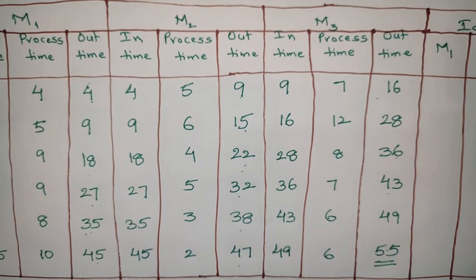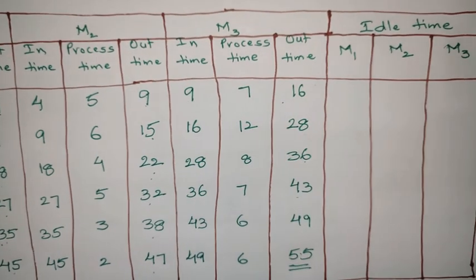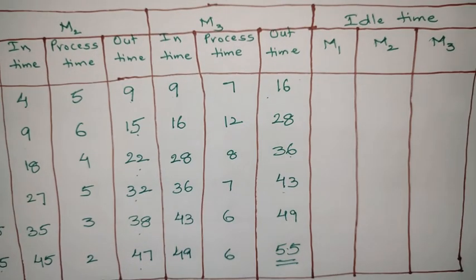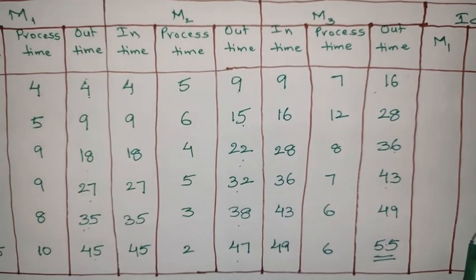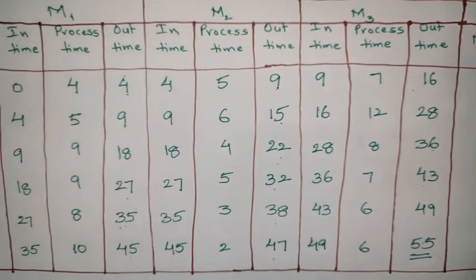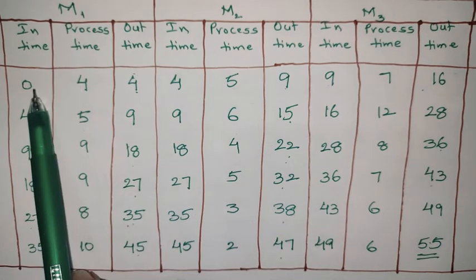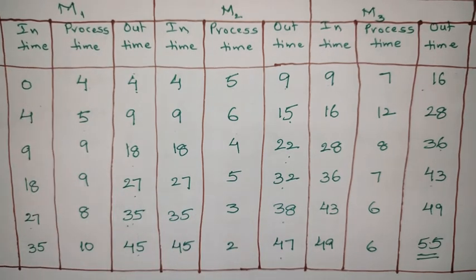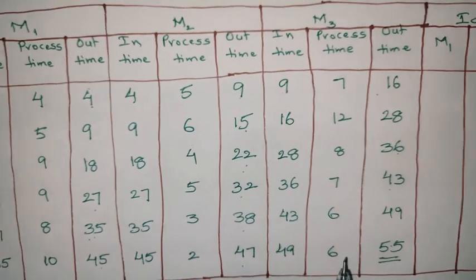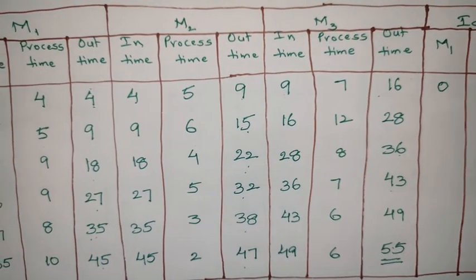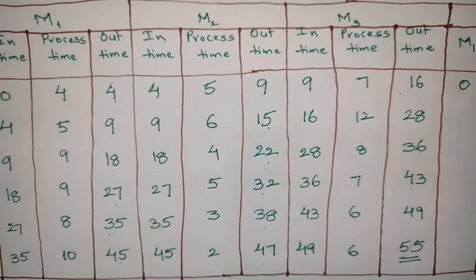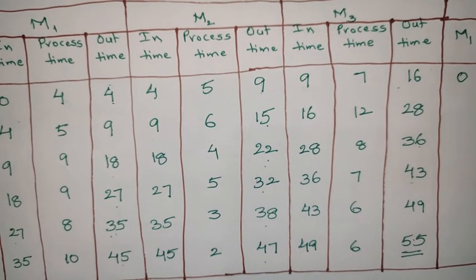And next, let us calculate the idle times of these 3 machines. First, let us calculate the idle time of machine 1. The in time on machine M1 is 0 only, so the starting idle time on machine M1 is 0. And then take the differences.